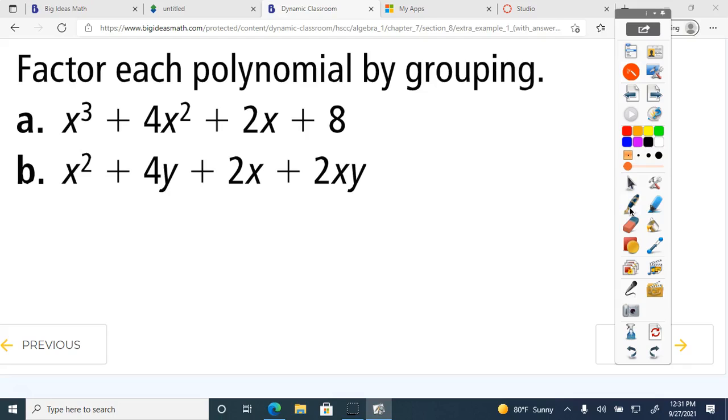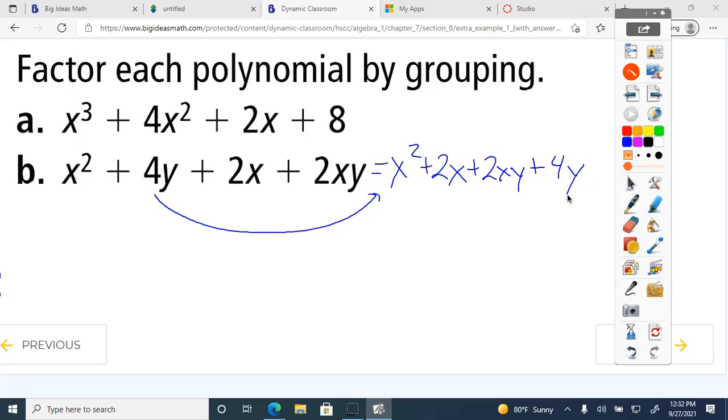Is this one in the right order? No. So how do I need to move it around? Move this to the back. So it's going to be x squared plus 2x plus 2xy plus 4y. So you don't make the y negative because you moved it?